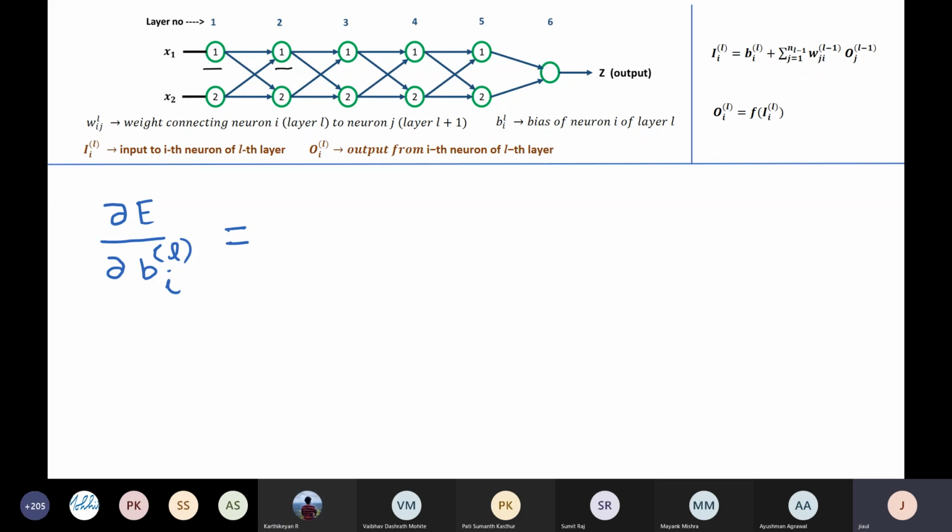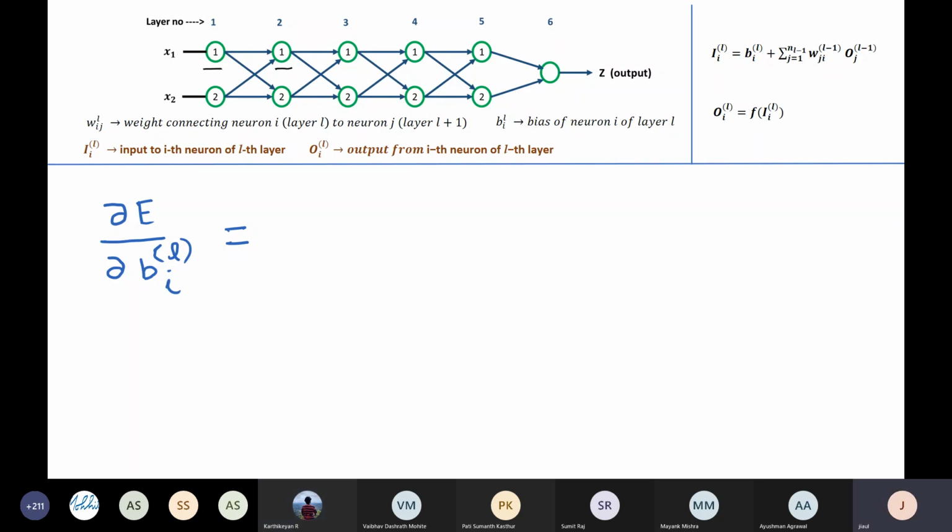N of L minus 1, like the previous layer, whatever neurons were there, they'll all be connected to this particular neuron, right? So if we change the bias, what would be the expression for this one? Del E by del b of L I. It will be n of L minus 1, the number of neurons in the previous layer.